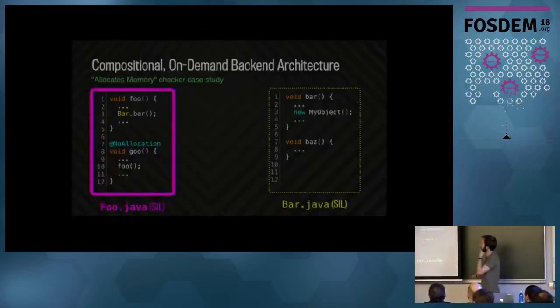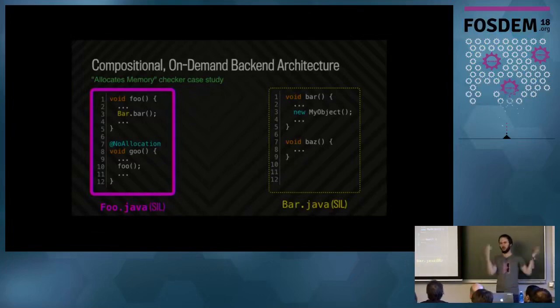The backend takes procedures that were translated by the front end, and it tries to find specifications for them. There are many analyses in Infer, as I said. They're all based on the same architecture that is compositional and on demand. Compositional means that it will schedule the analysis to look at each procedure in isolation without looking at the calling context of each procedure or the arguments with which the procedure is called.